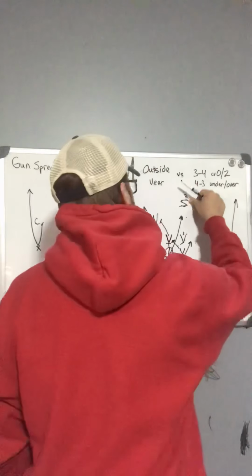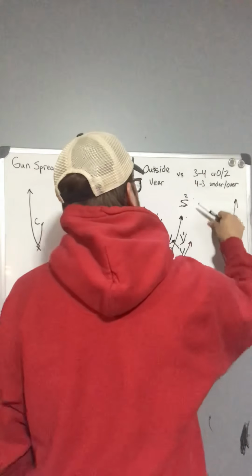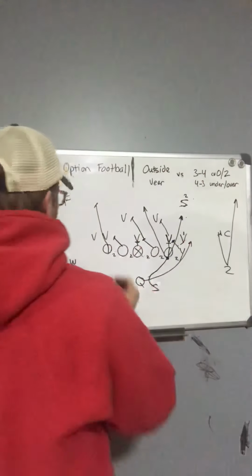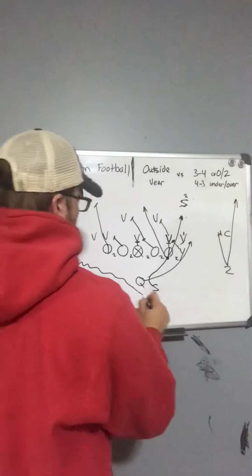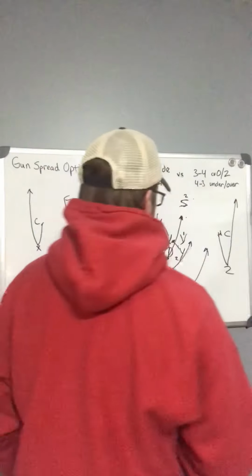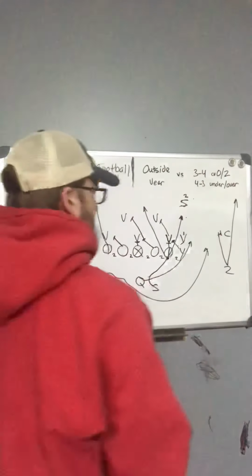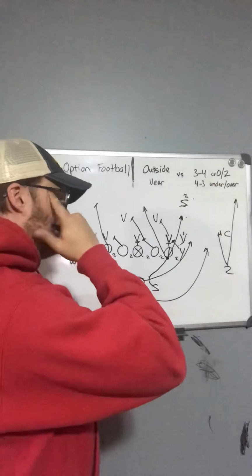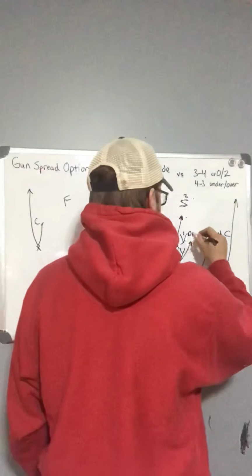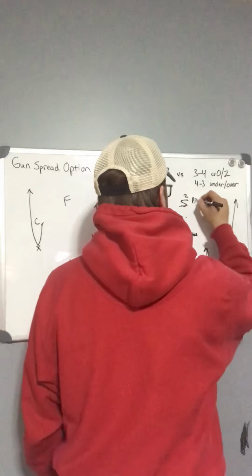If you don't want to do that, and you feel comfortable with that tackle going to get that safety, you could easily motion your W for pitch, and then the safety would be your number 2 to pitch off of. So here's your dive key, here's your pitch key.